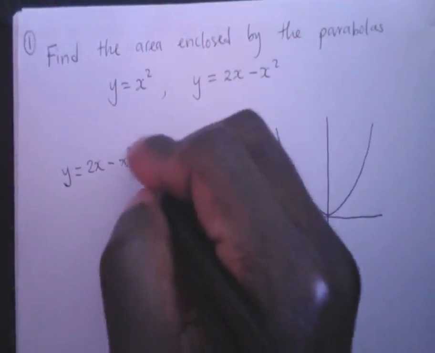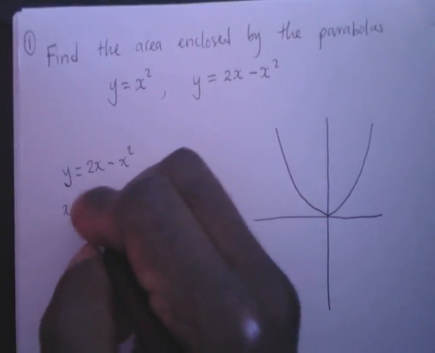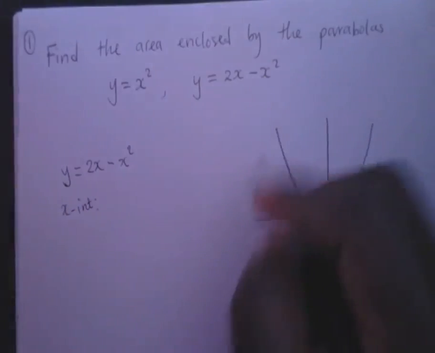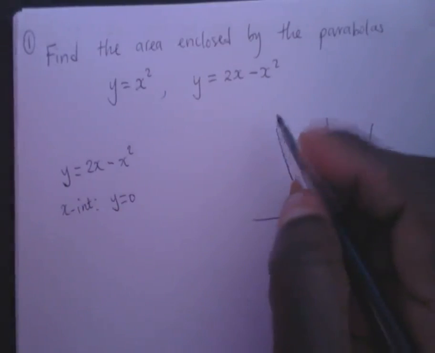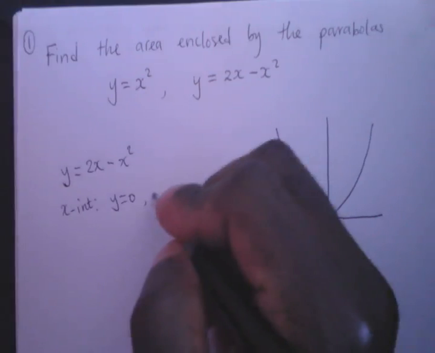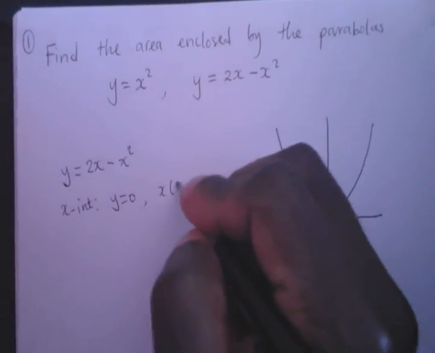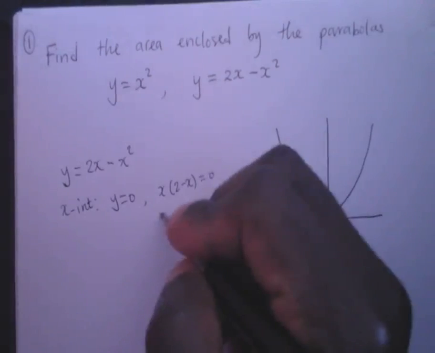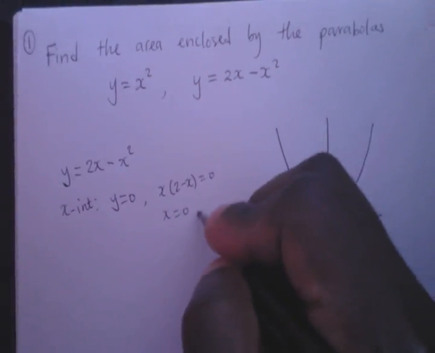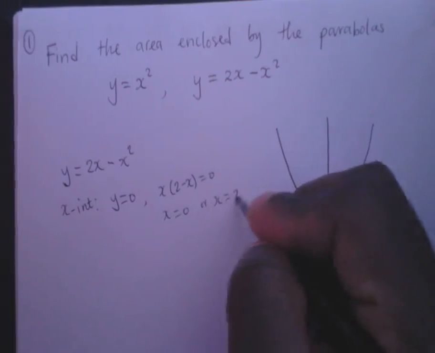So if we find the x-intercept, remember what the x-intercept is. It means we're going to set y equals 0, and if you set y to 0, then you just end up with x times (2 minus x) equals 0, so just factorize, and x is 0 or x is 2.